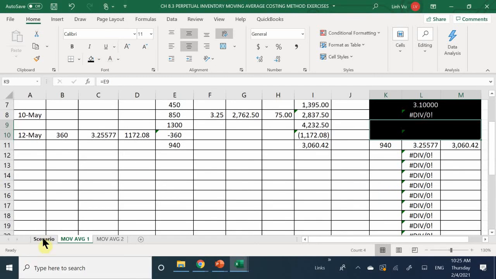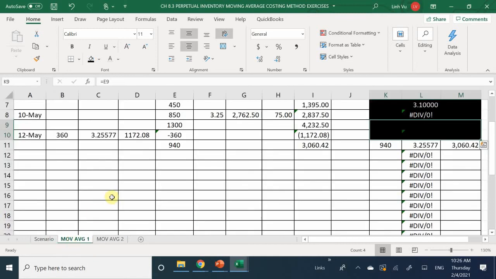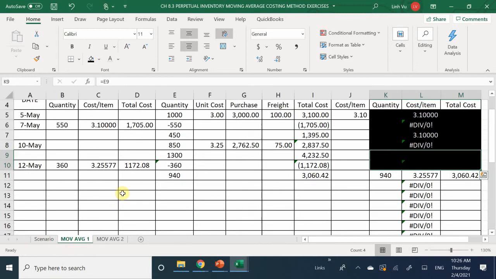So then what has happened next? We sold another 600 units. We sold an additional 600 units. Okay, and it's good because we automatically know how much inventory we have at any given time because we have an average cost per item.